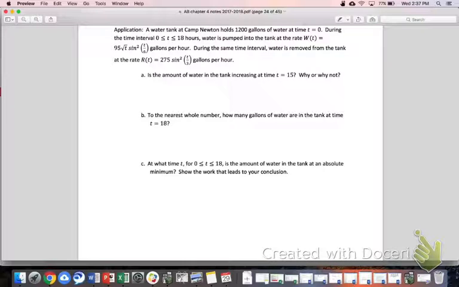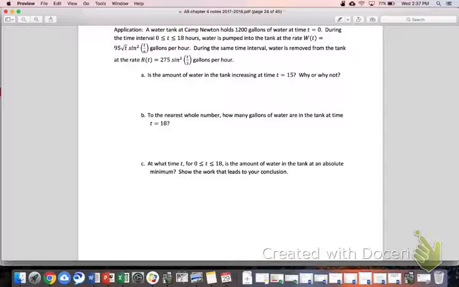I would like to do this one by one. So if we could all just look at A right now. A is totally review. You might need to do some remembering, but can I give you guys maybe 2-3 minutes? Calculator active for sure. Please try A. A says, is the amount of water in the tank increasing at t equals 15? Why or why not?